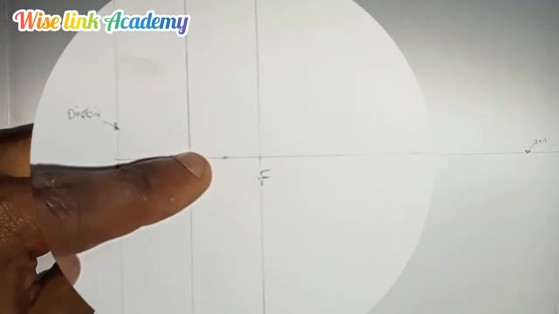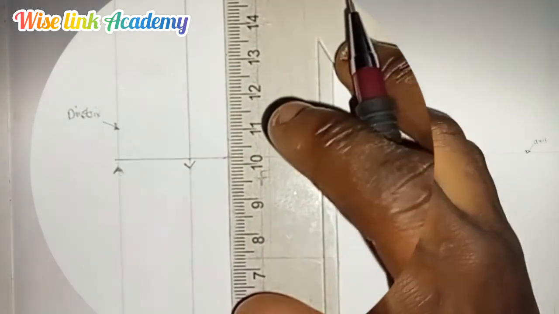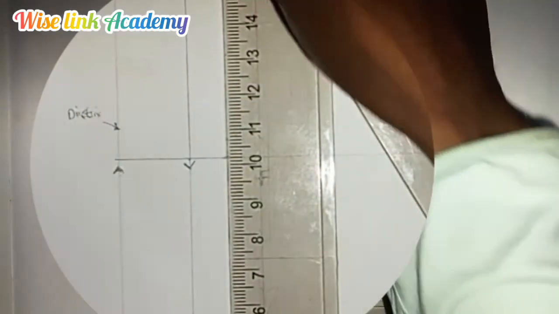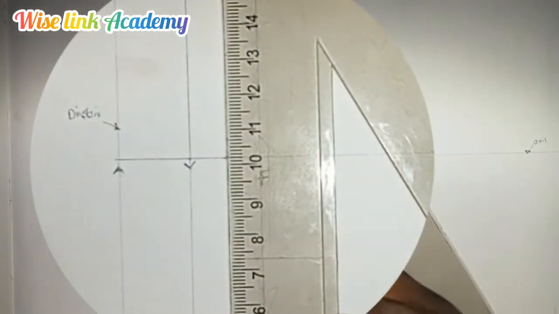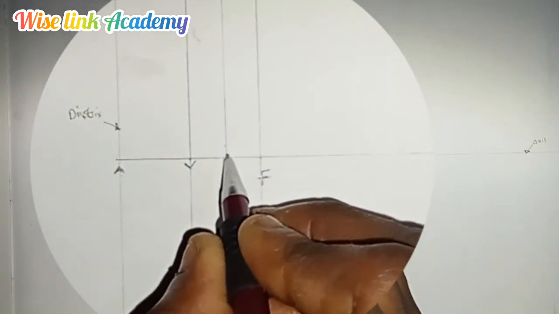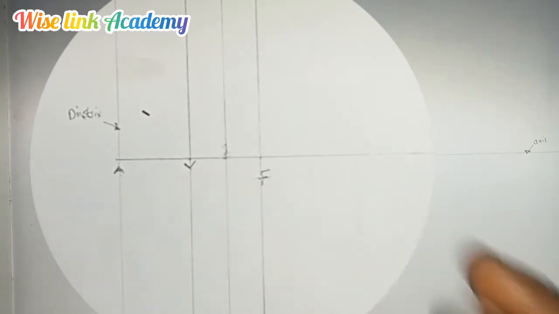So I'm measuring 1 centimeter from this point. You project it upward again. So this is point 1. Don't forget, you get it, point 1.